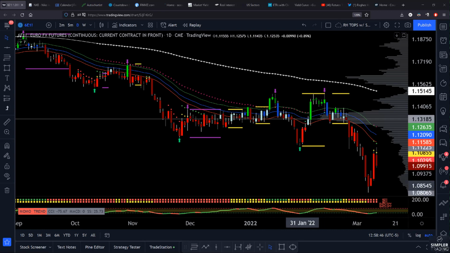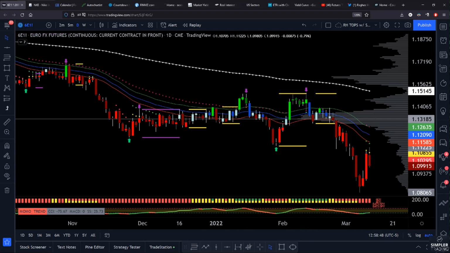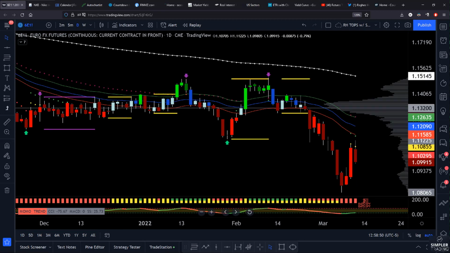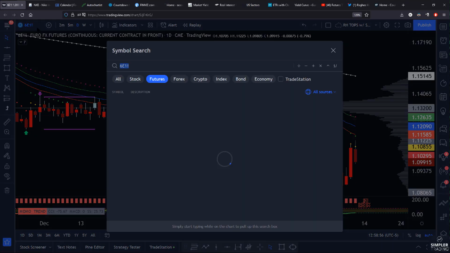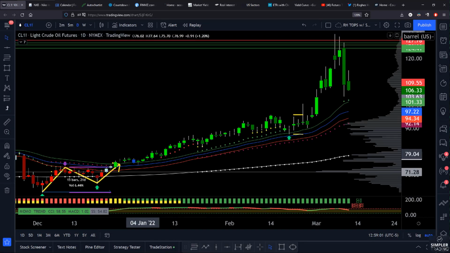Now, uptrends and downtrends do have some very big characteristic differences. Uptrends usually are a little less volatile until they go parabolic. Think the way in which I've been walking you all through crude oil, right before Ukraine. Very boring, but nice and vanilla uptrend until, boom, we go parabolic, and that's where a lot of the volatility kicks in.